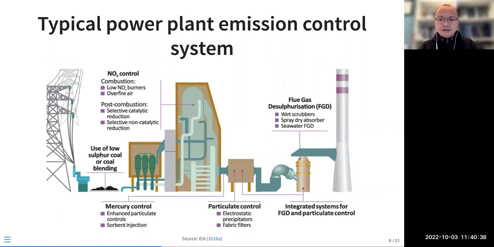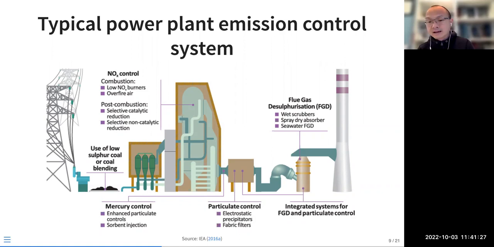Particulate control uses filters and other ways, including for black carbon, and even filters and electrostatic precipitators that can absorb those particulate matters. FGD is a way to control sulfur dioxide: wet scrubbers, spray dry absorbers, seawater FGD. It's an effective way to reduce emissions of sulfur dioxide.